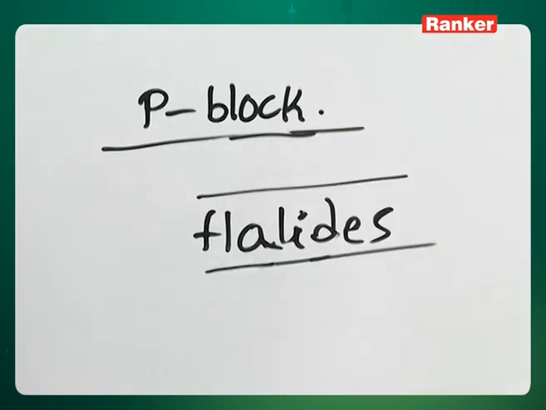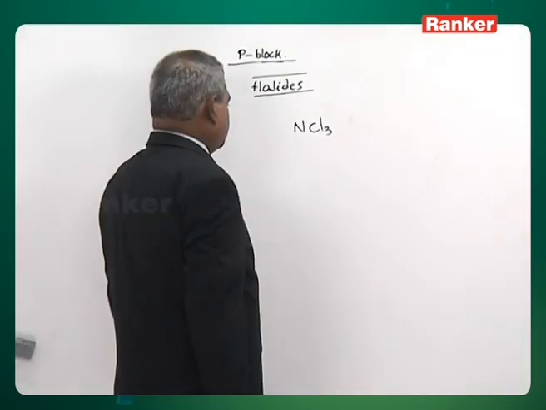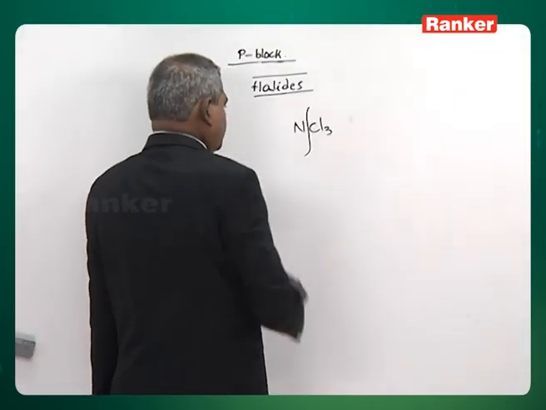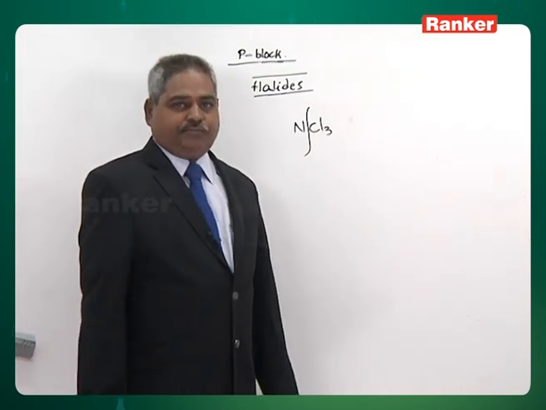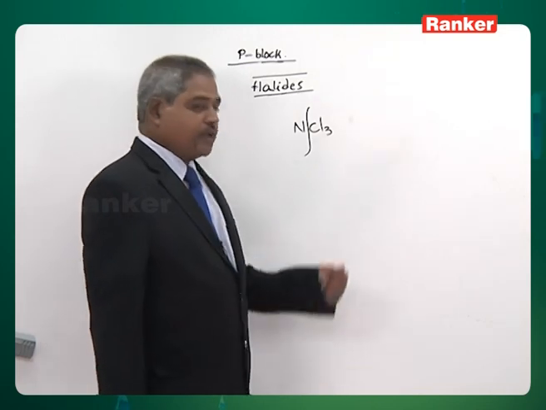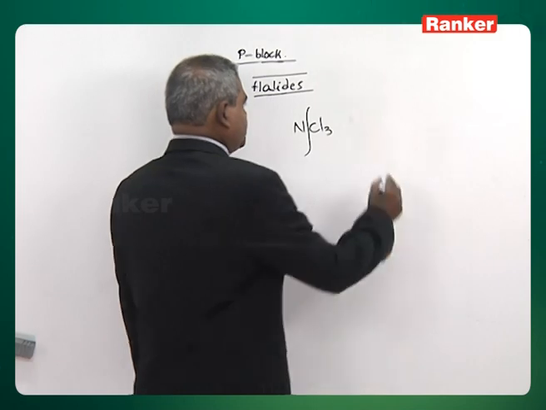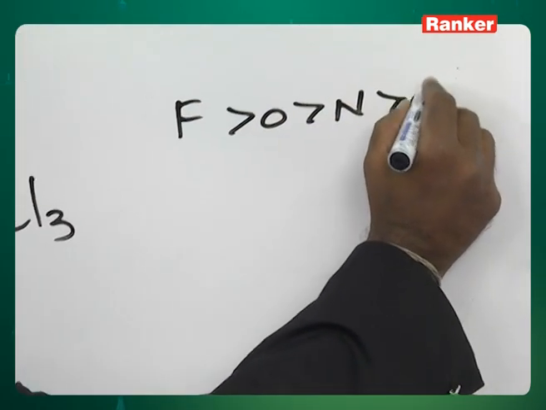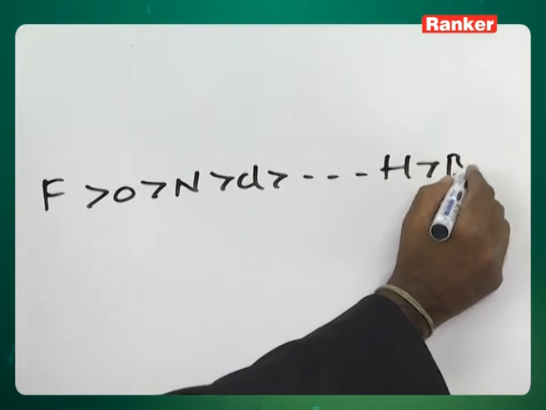Next, NCl3. Break the bond: H plus on one side, OH minus on the other. But where does H plus go? To whoever is more electronegative. Our list says F greater than O greater than N greater than Cl greater than H greater than boron.